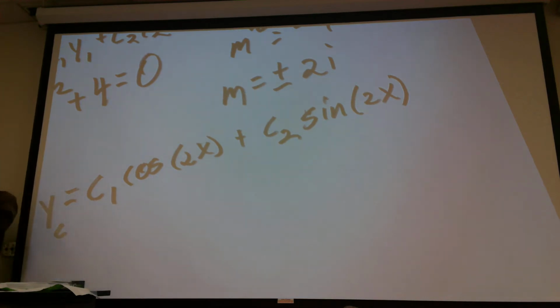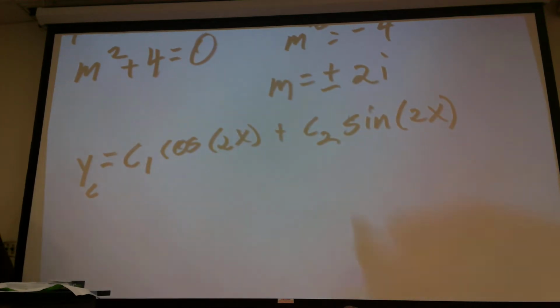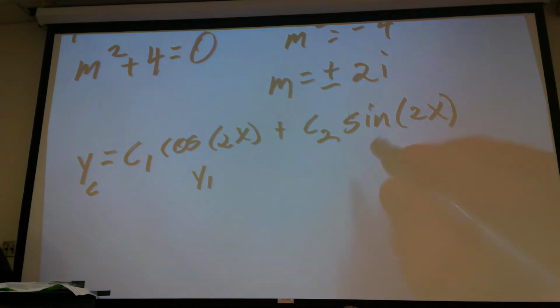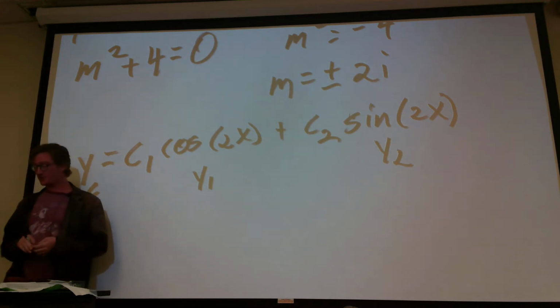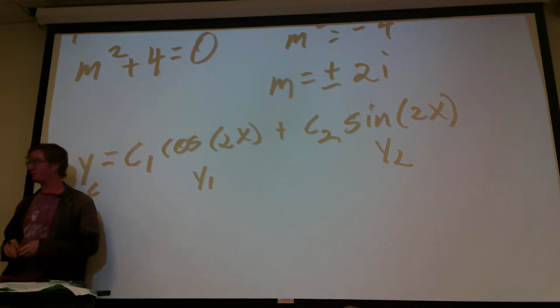Okay, so this is our y1, and this is our y2. Now, the first thing to do is to find W.